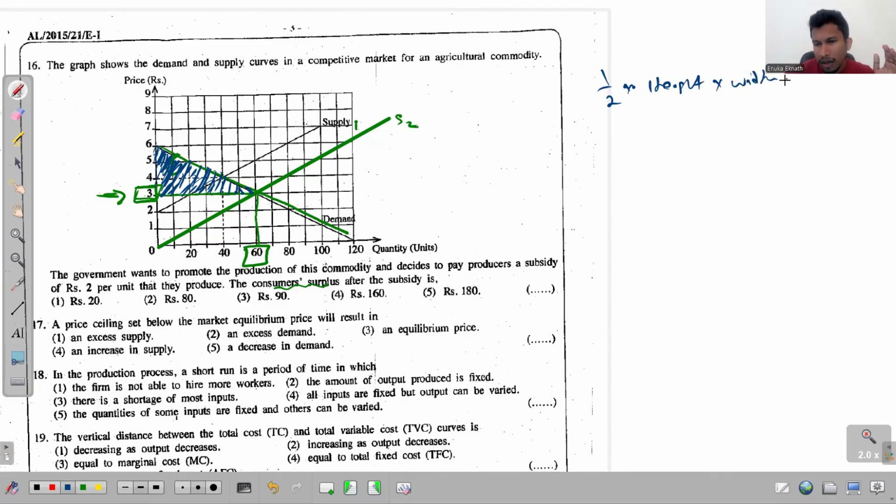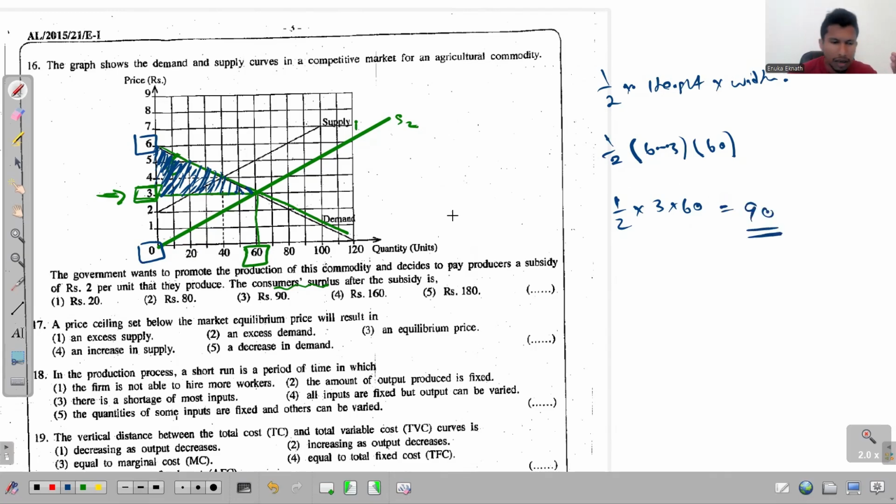So half into height is the difference between 6 and 3, and you multiply that by the width. Width is the difference between 60 and 0, which is anyway 60. Right? So it's half into 3 into 60. 60 divided by 2 will be 30 into 3 will be 90. So the answer is 90. Very easy.